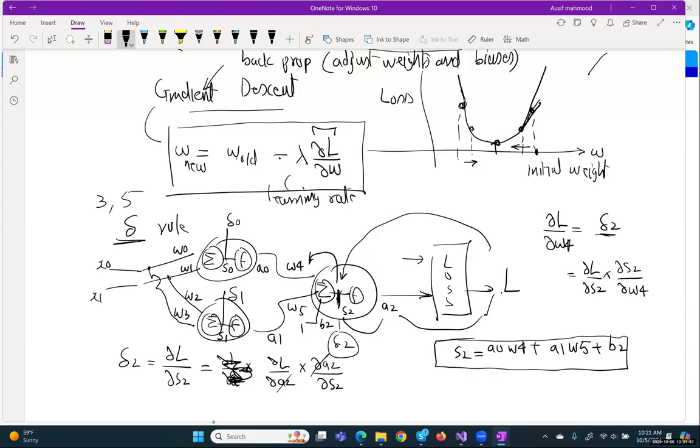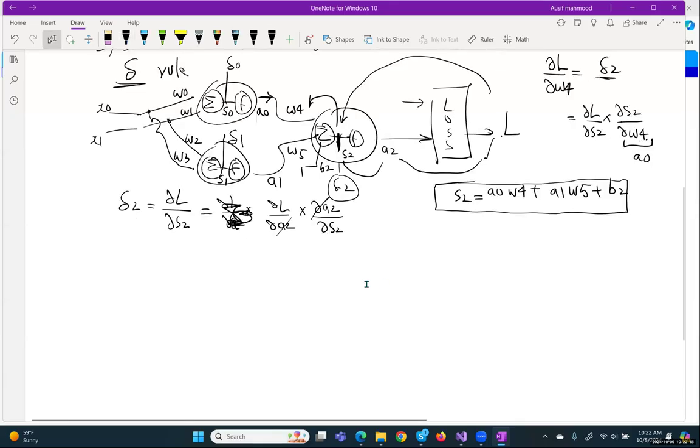This is the equation for S2. What if I take the partial with respect to W4? Remember, when we take the partials, all other variables are treated as constants, so their derivative is 0. So what will be partial S2 over partial W4? A0, which is basically the input that is feeding via this weight. Let me see if everybody's following the concept. Suppose we have already computed delta 0.